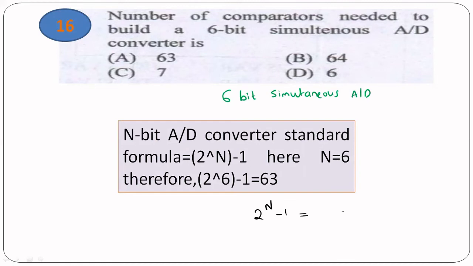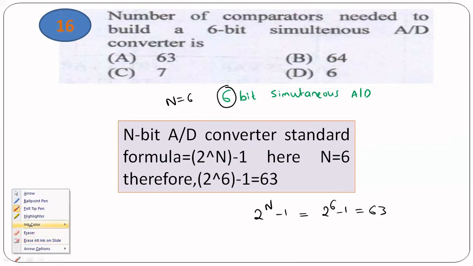Here n is 6, so it is 2 to the power 6 minus 1, which will be 63. As you can see in the solution available here, the correct answer is option A.